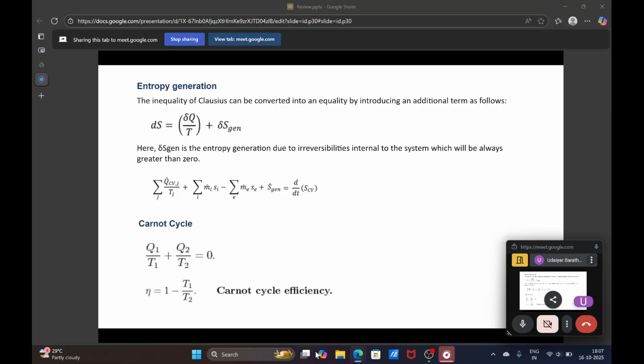Because it's a reversible cycle, we can apply the Clausius inequality, and because ∮δQ/T equals 0, you have only 2 processes where heat transfer happens, which are the isothermal processes. So it becomes Q1/T1 plus Q2/T2 equals 0, and with a little rearranging, the efficiency we get is 1 minus T1/T2, which is the Carnot cycle efficiency.